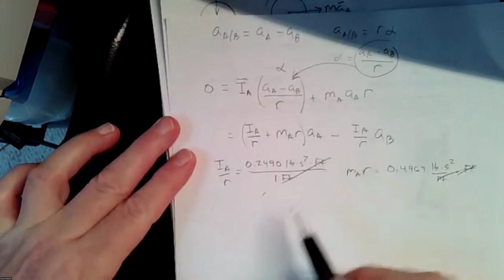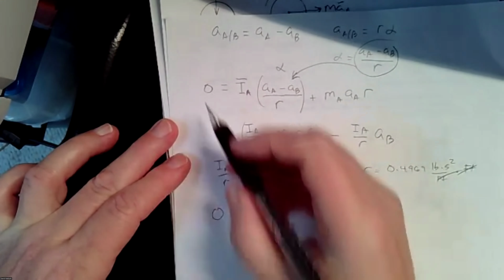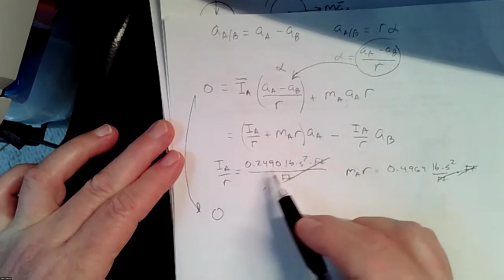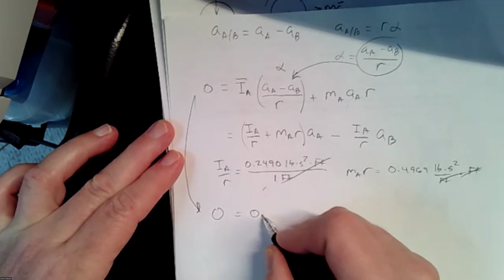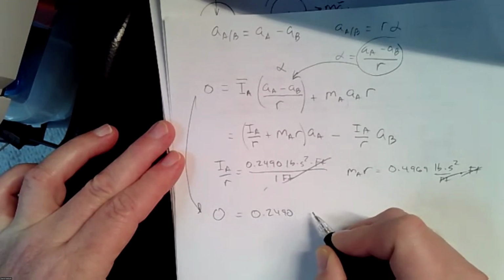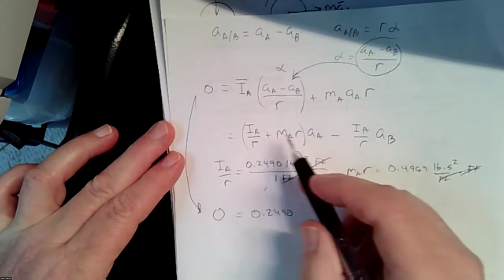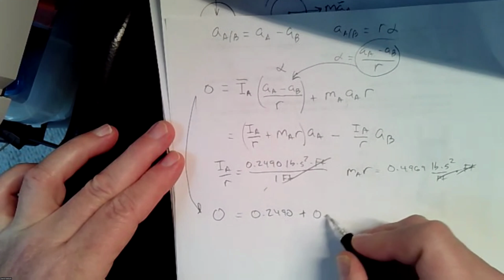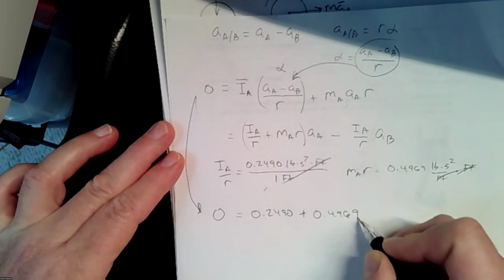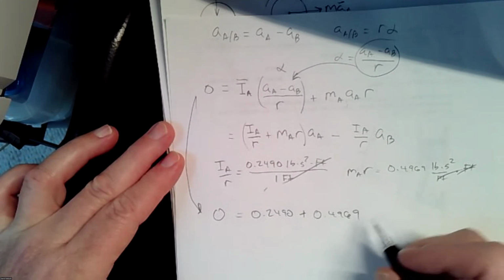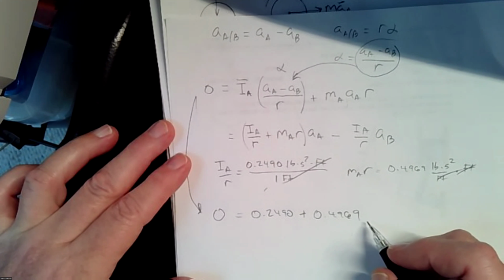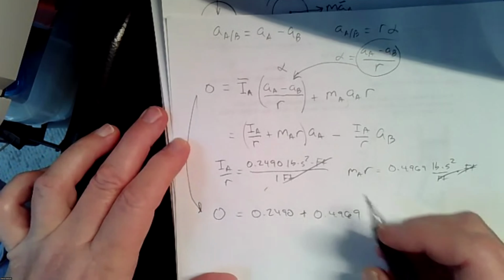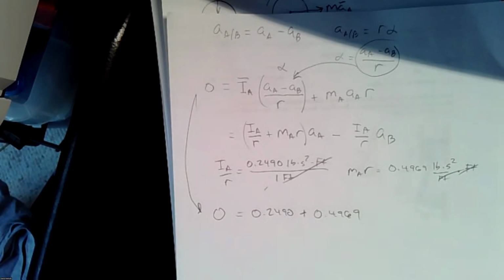So what does this become? 0 equals I_A over R, which is this, 0.2490, right? Plus 0.4969, right? And then all of that is just multiplied by respective values.